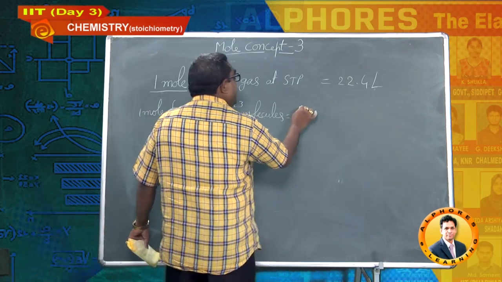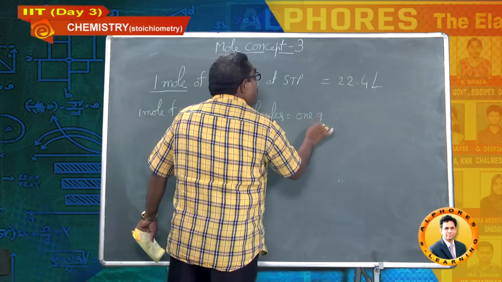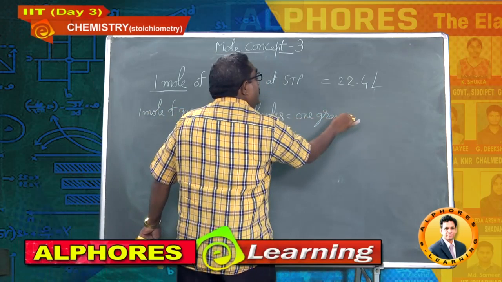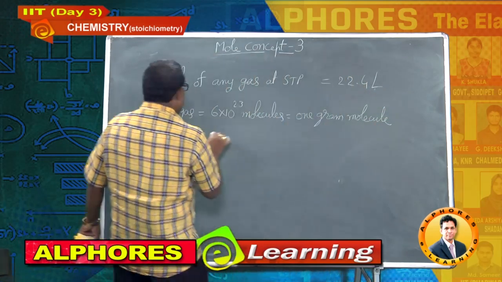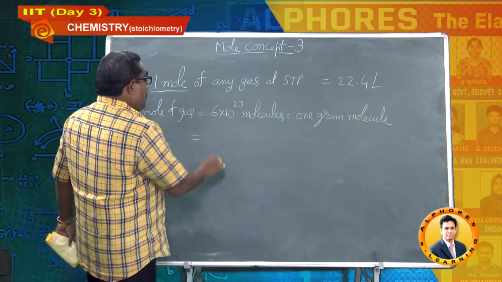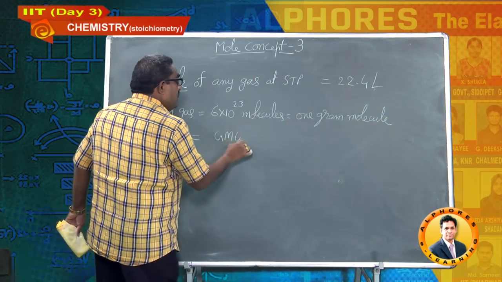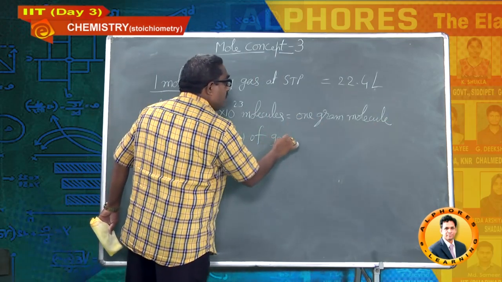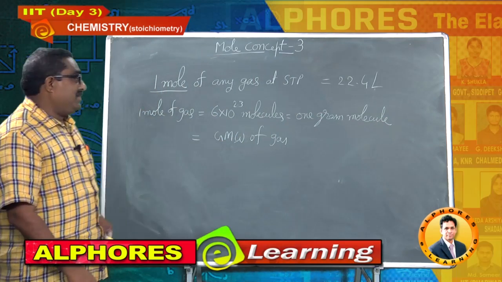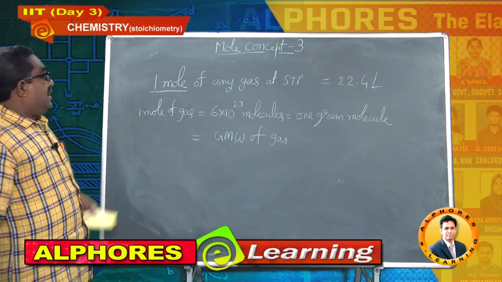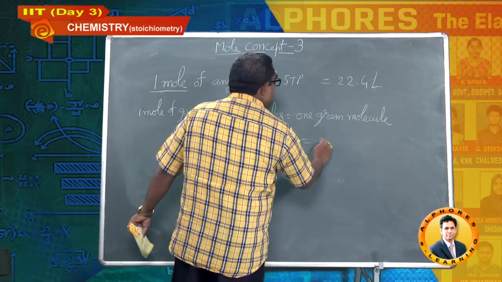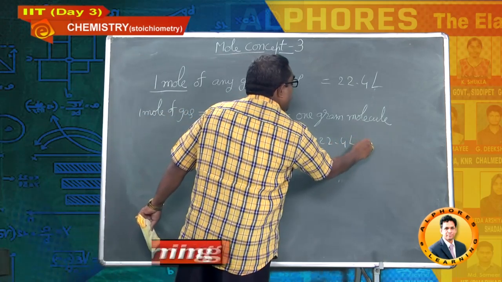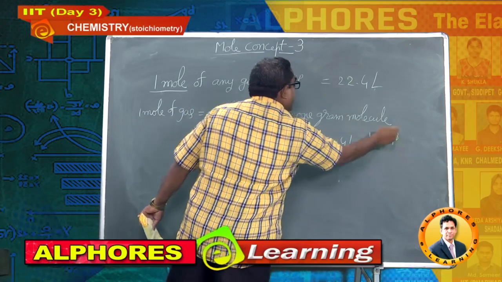So, you can also write it as 1 gram molecule of a gas, which is also equal to the GMW of the gas. Both are the same only. So, all these are equivalent, nothing but equal to 22.4 liters at STP.